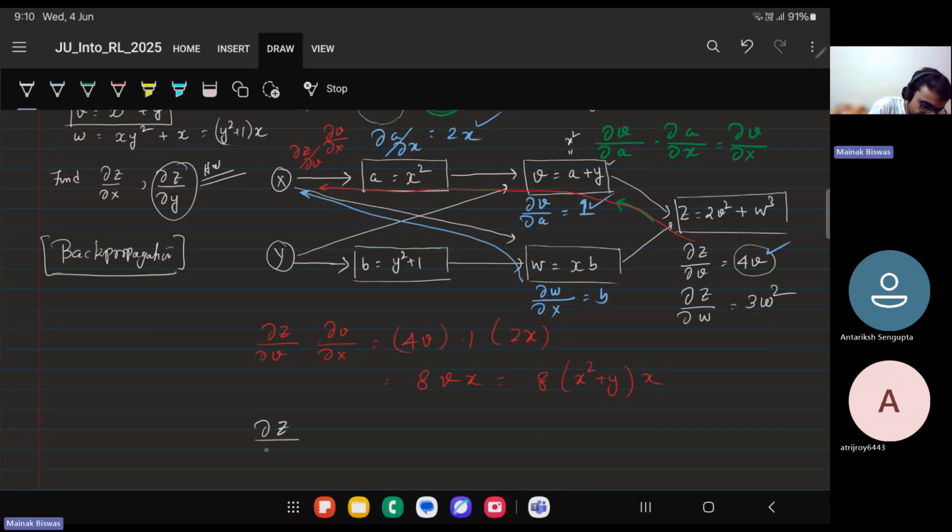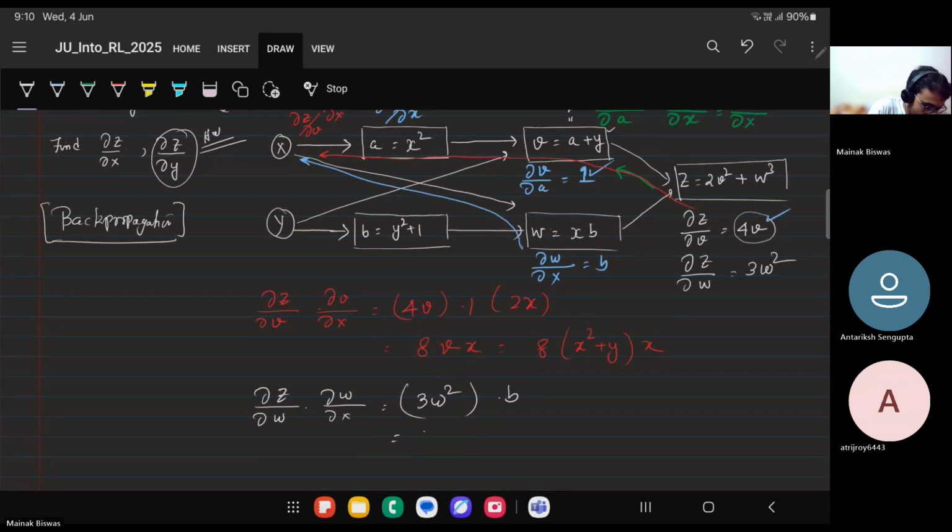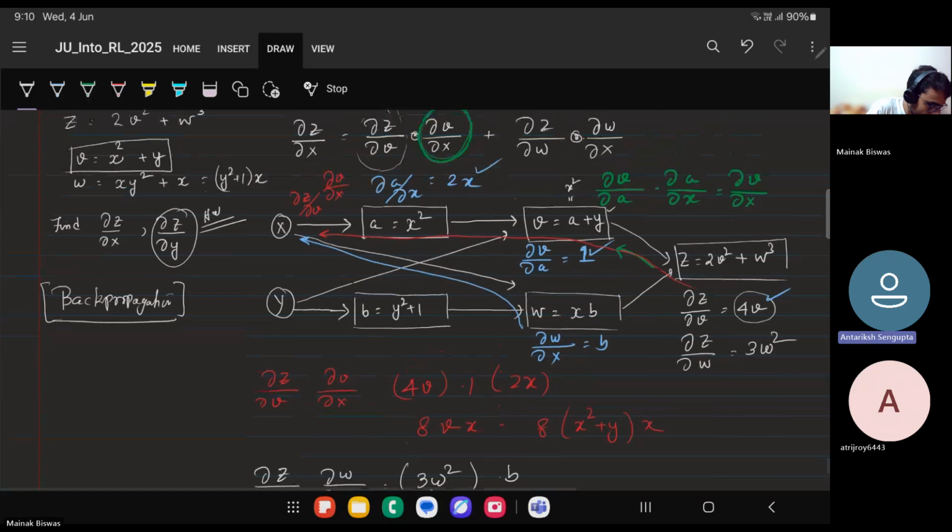So dow z, dow w into dow w, dow x is equal to, what is it? 3w squared into b.